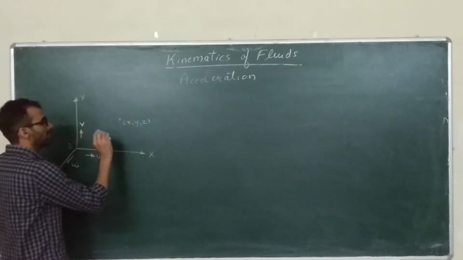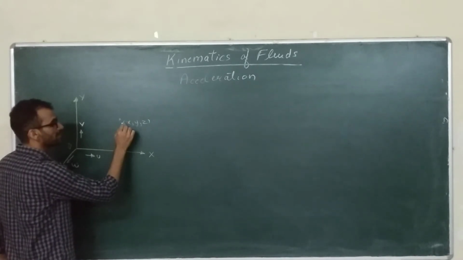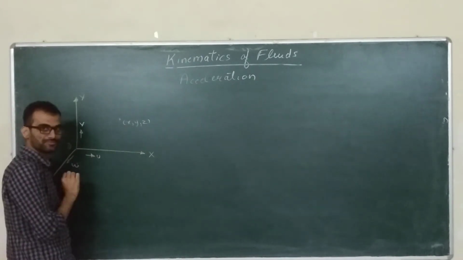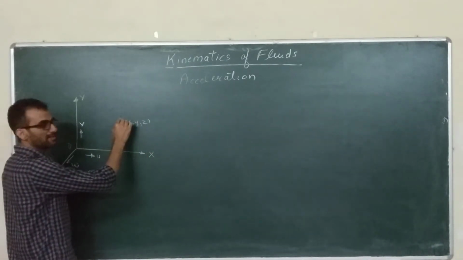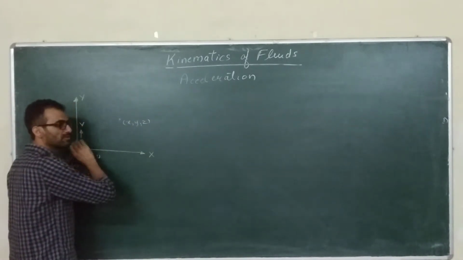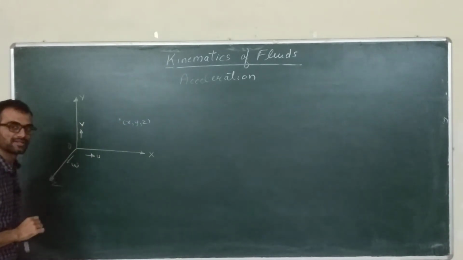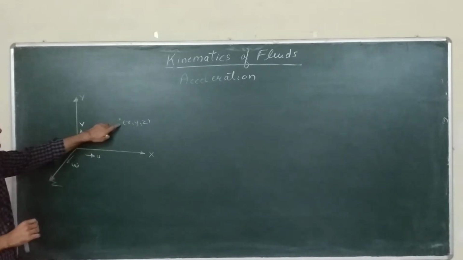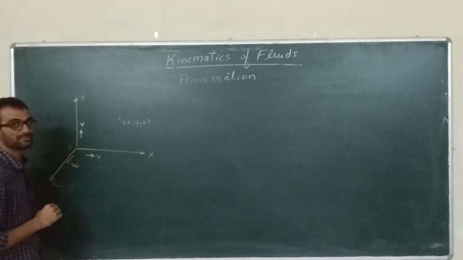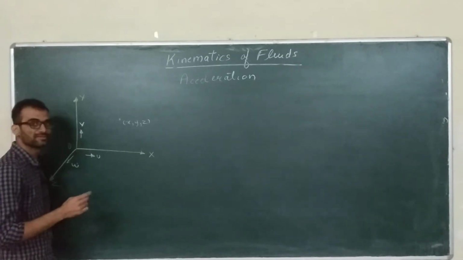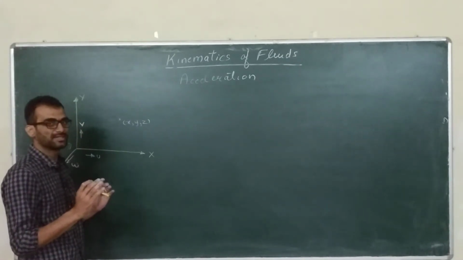Now when we are measuring the velocity, we are actually measuring the velocity of the fluid particle which is present here. After some time, the same particle will not be here, it will move ahead and some other fluid particle will occupy this space and we will measure the velocity of that particle. So we are actually measuring the velocities of different particles which are occupying this space at different points of time. This is what is happening with Eulerian measurements, right? So let's consider what is happening in a time delta t.